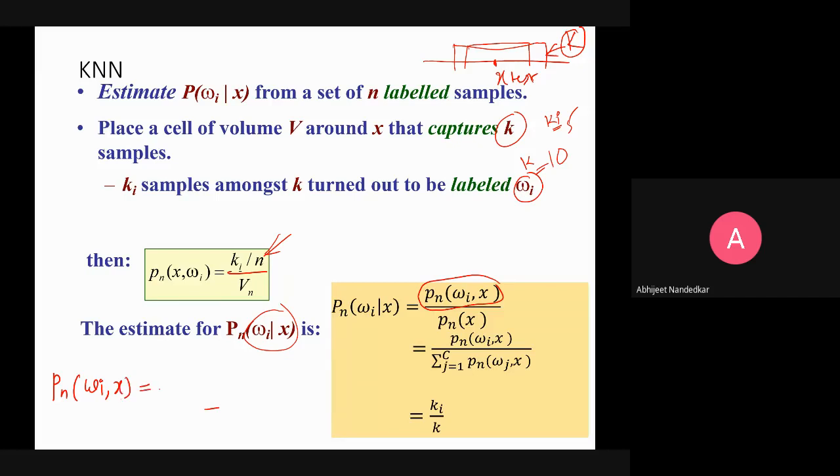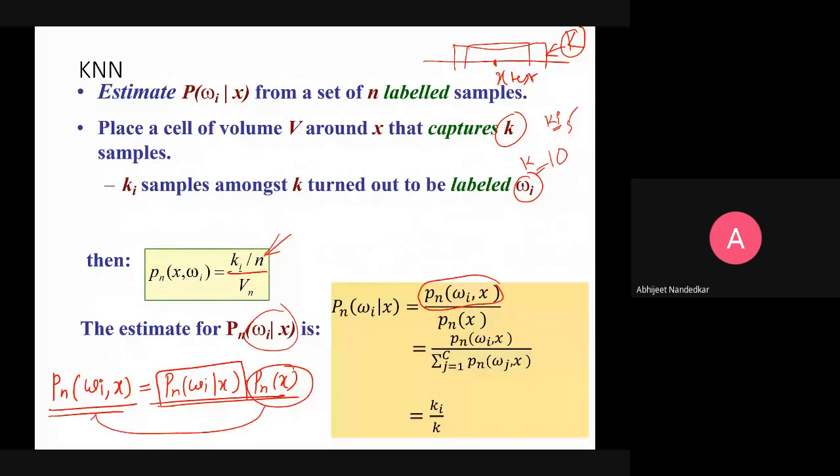This we can write using conditional probability as probability of omega I given x into probability of x. Now we are interested in this posterior, so I can take this second term and put it into the denominator. So the same thing is done here. So this is the outcome of this equation.